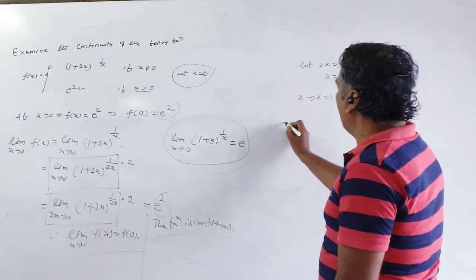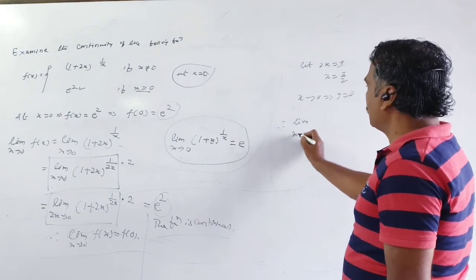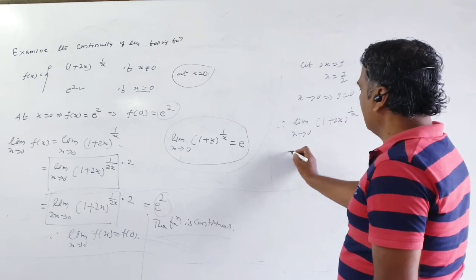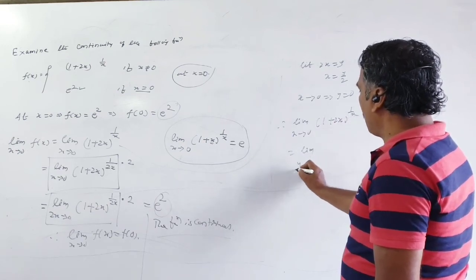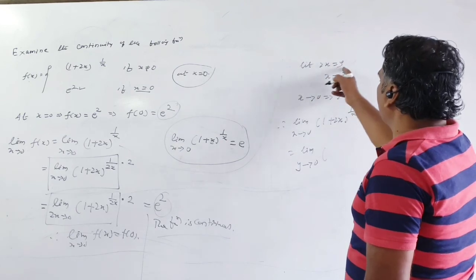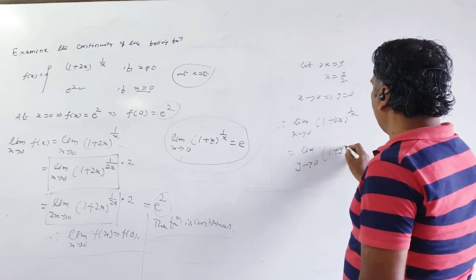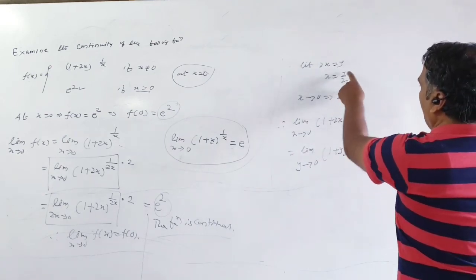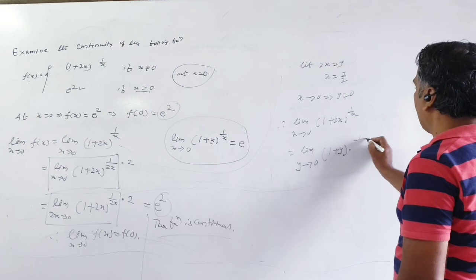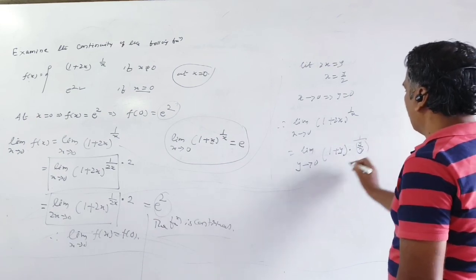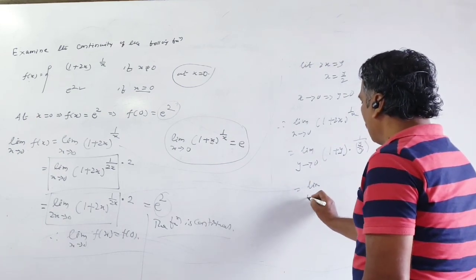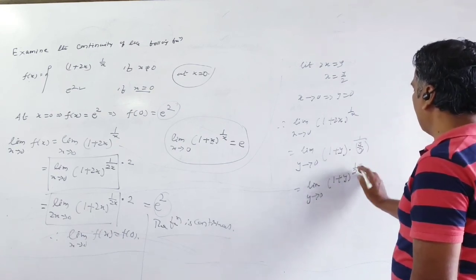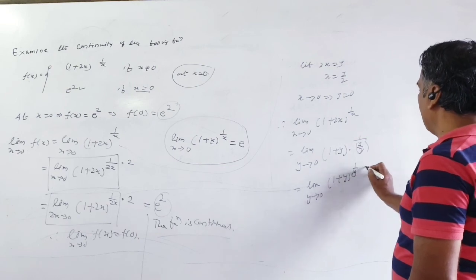Therefore limit y tends to 0 of (1 plus y) to the power 1 by (y by 2), which is limit y tends to 0 of (1 plus y) to the power 1 by y, into 2.